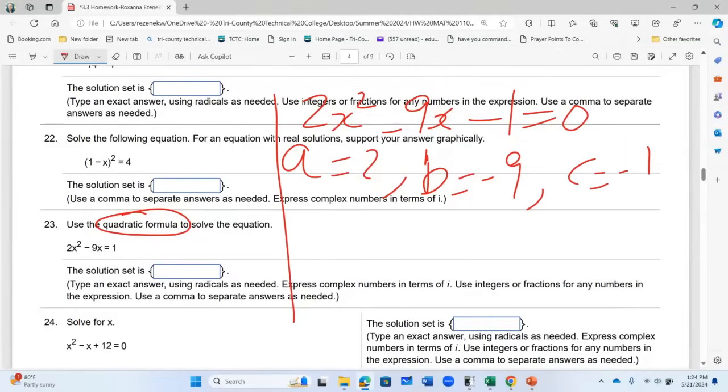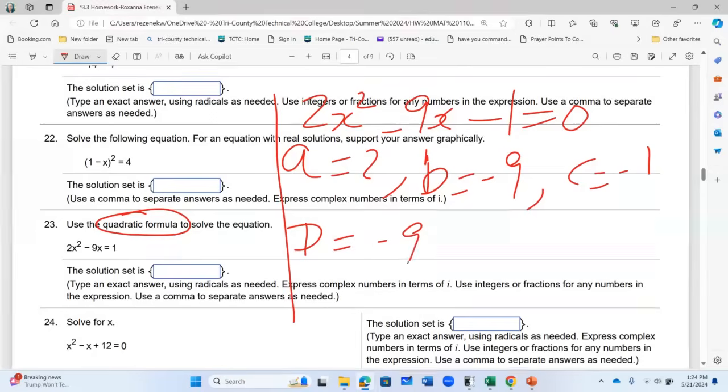Then what I do is check the discriminant first. That tells me the whole story, because I don't want to be solving a problem and later on find out, oh, it's a complex solution. If it's a complex solution, I want to know it now. Okay, so the discriminant, D, is b squared minus 4ac.